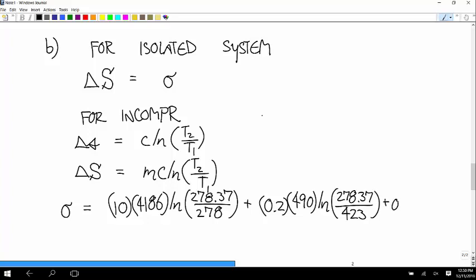And then plus the mass of the aluminum times 902 times the natural log of the later temperature, 278.37, divided by 293.